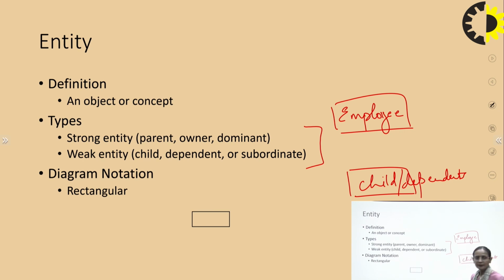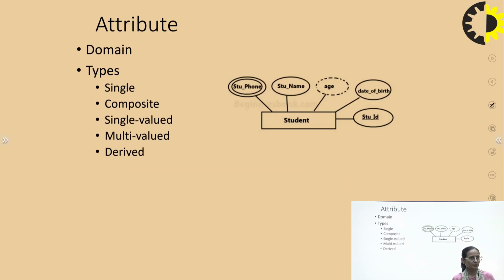So if I say this is a weak entity for that particular organization, because for its existence we require the employee entity. So this is the weak entity and this is my strong entity. And the diagram notation is basically, in most of the UMLs you will find a rectangular symbol.